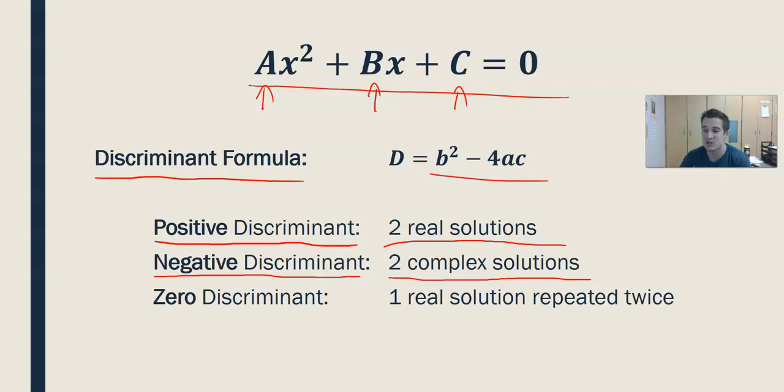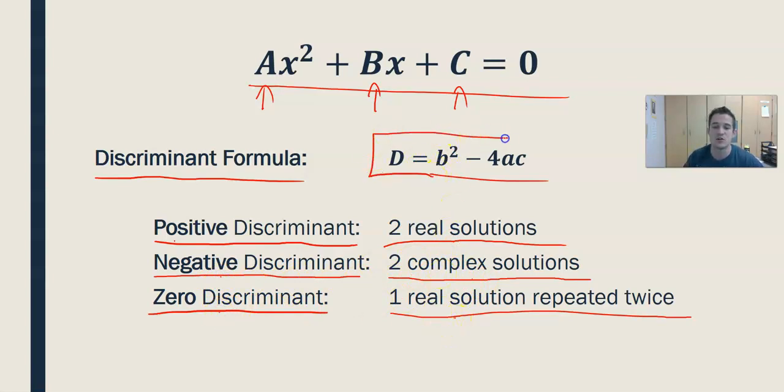They're going to be imaginary numbers. If I have a 0 discriminant, that means I'm going to have one real solution repeated twice. So a positive discriminant gives me two real solutions, a negative discriminant gives me two complex solutions, and a 0 discriminant gives me one real solution repeated twice.